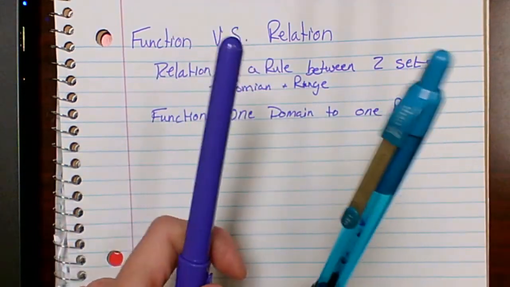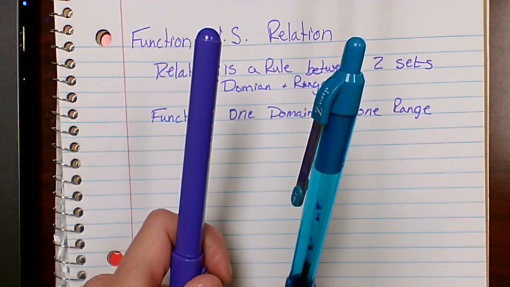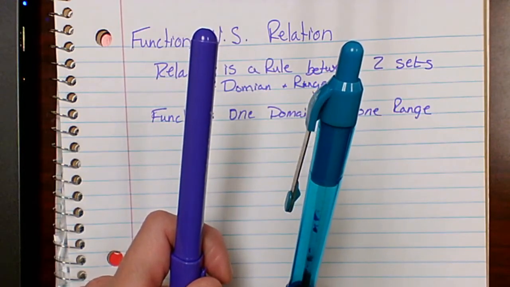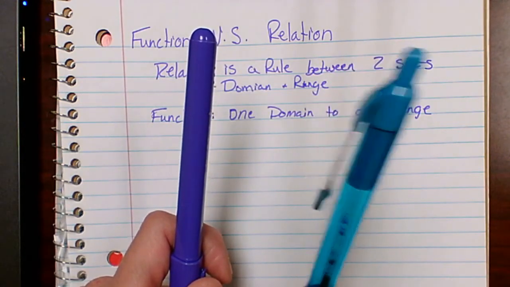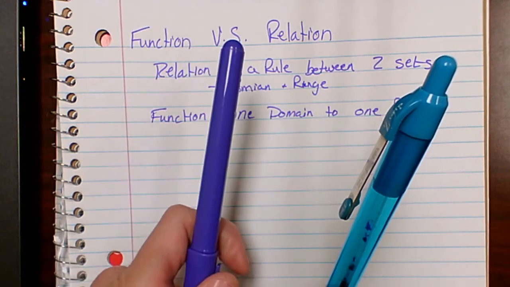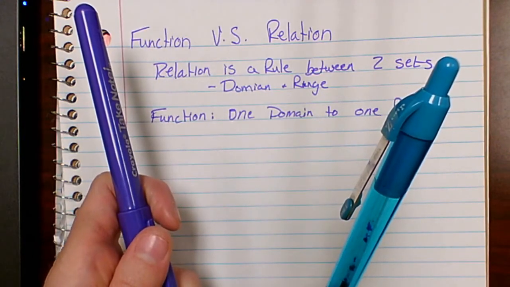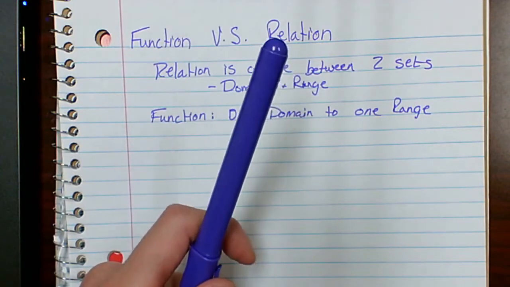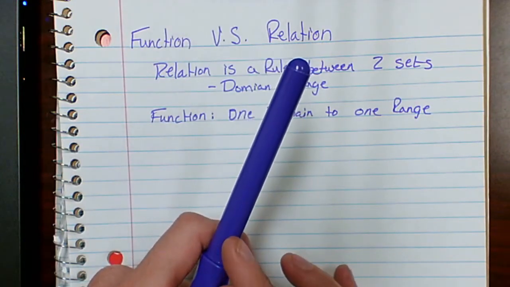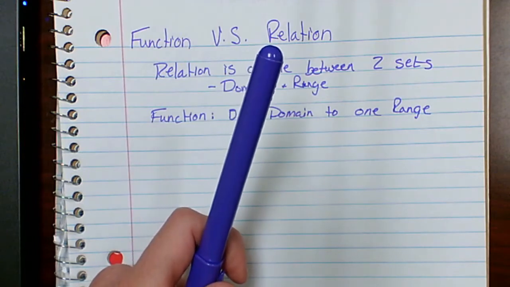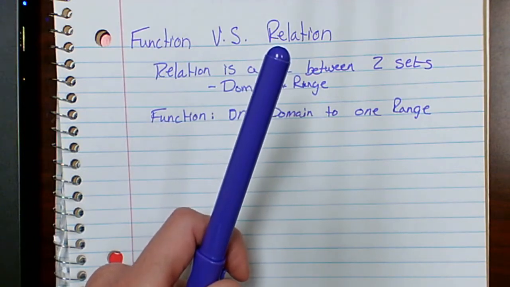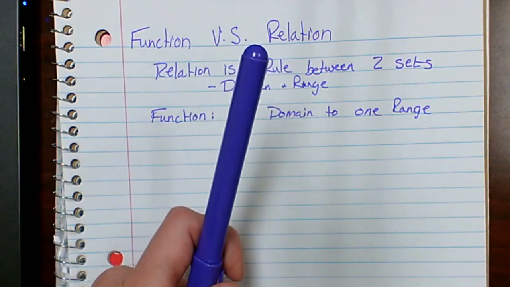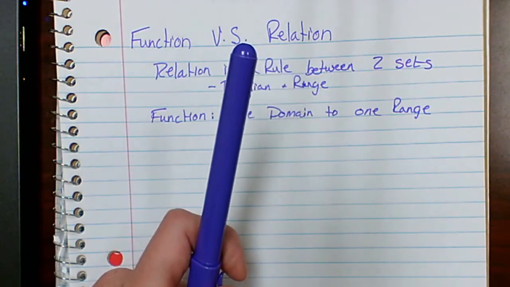A function states that this blue pin can be $1 and this purple pin can be $1. Okay, that's okay. But a function cannot be where this pin is $1 and $2 at the same store. So one item cannot be priced two items.